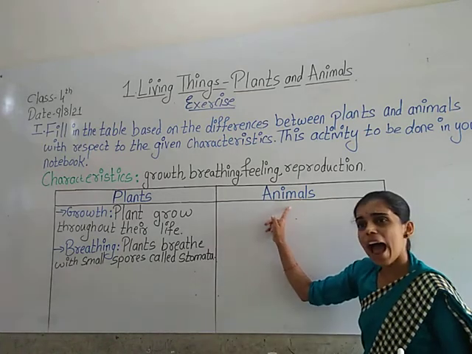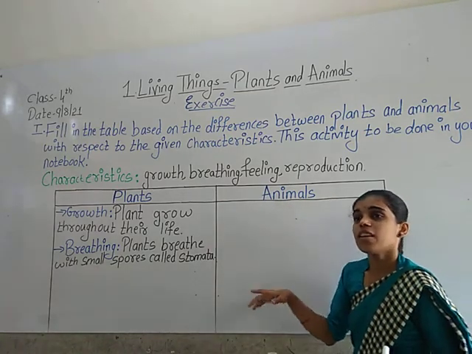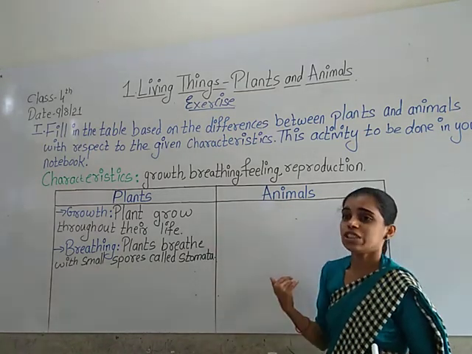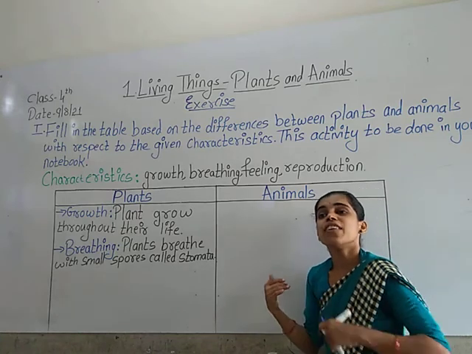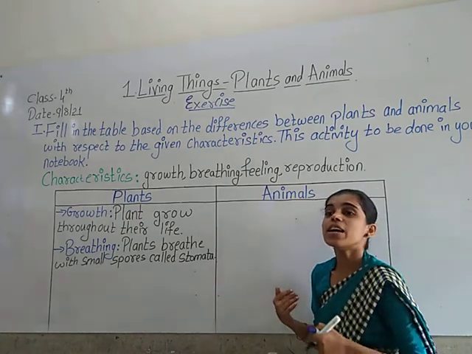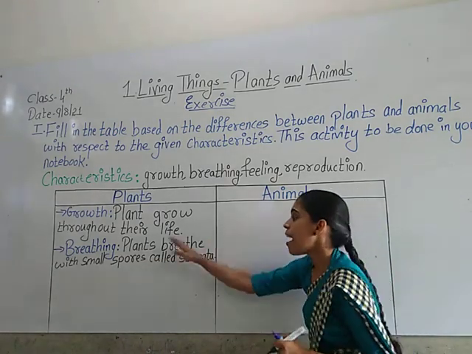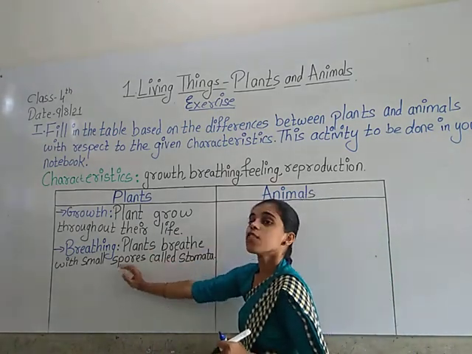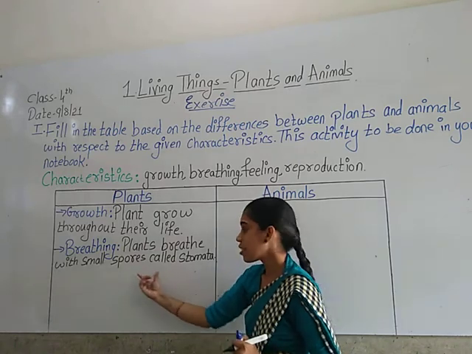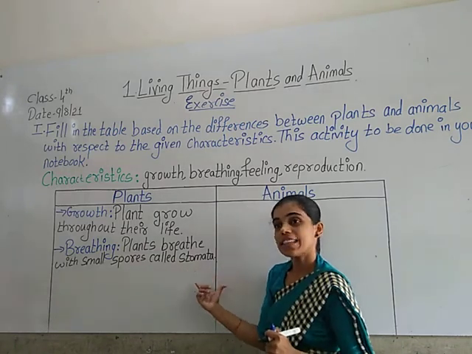But in the plants, it is opposite. So we take oxygen air and we leave the carbon dioxide. So plants breathe with small pores called stomata.